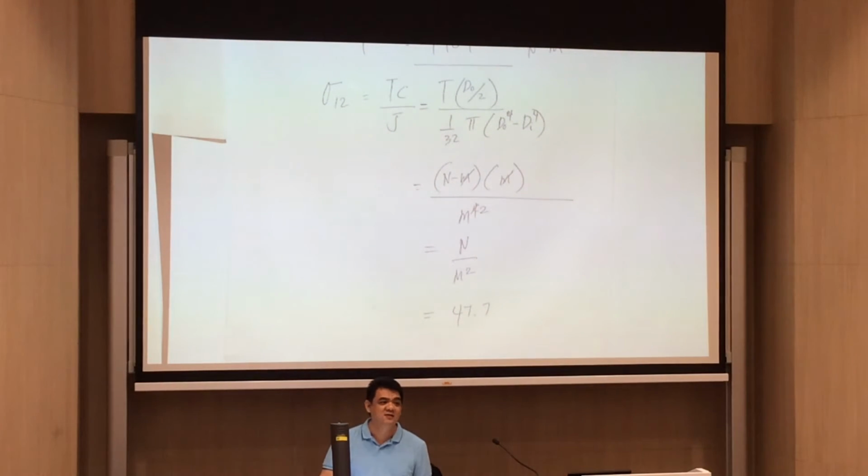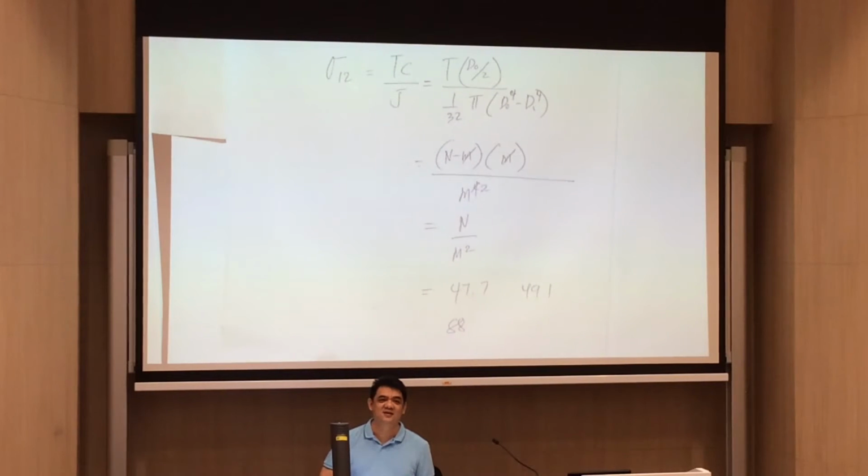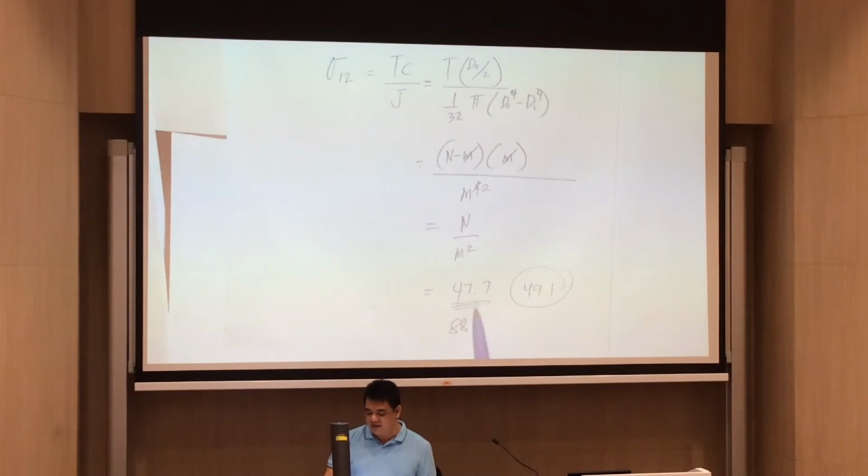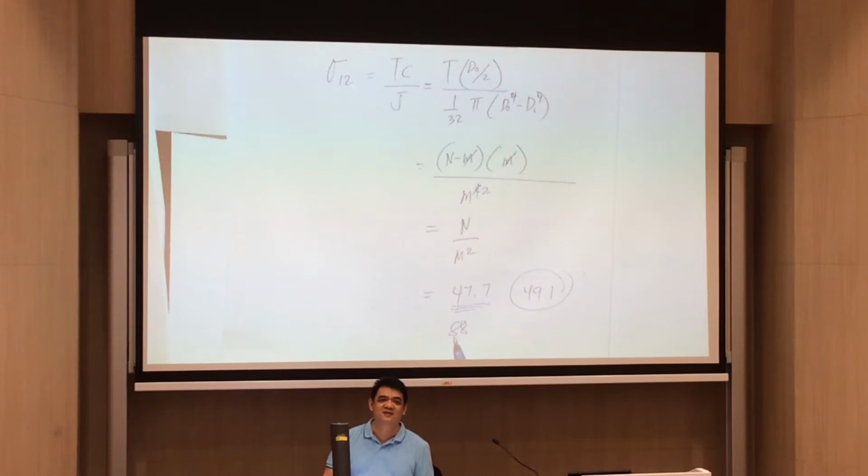What else? 49.1. 88. What else? I'm not sure how you got this one. Probably it's the rounding off, but I got mine to be 49.1. So probably it's the rounding off if I find it okay. But this one is really a bit off. Not a bit, quite a lot off.